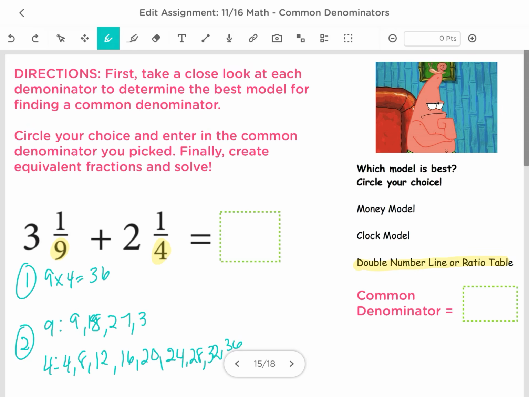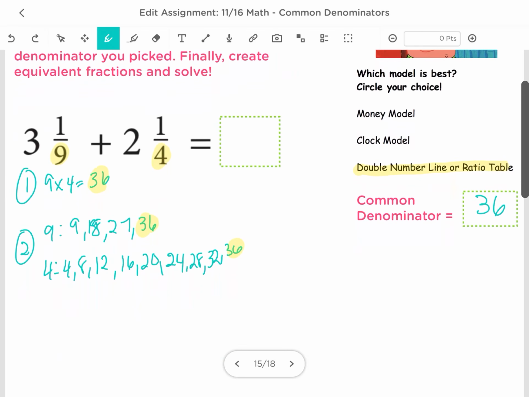So 9 times 1 is 9. 9 times 2 is 18. 9 times 3 is 27. 9 times 4 is 36. So I see that 36 is my lowest common multiple, and it's also my product of my denominators. So 36 is going to be my common denominator.